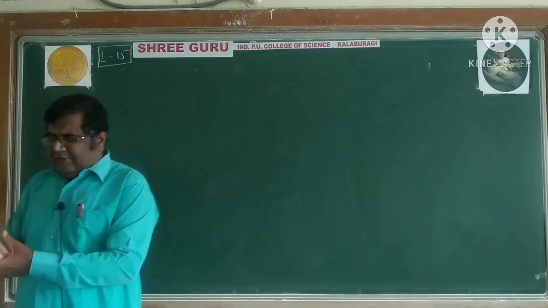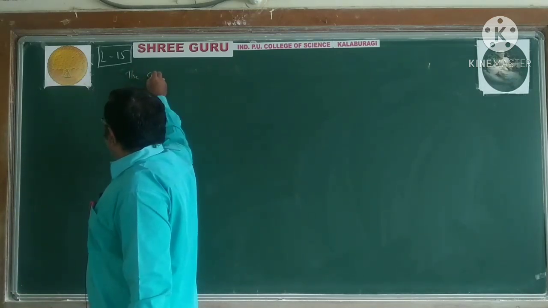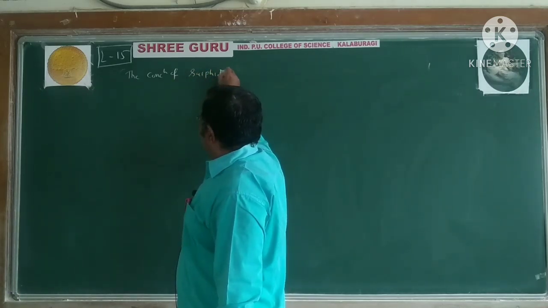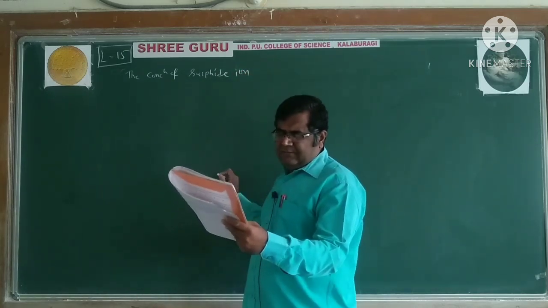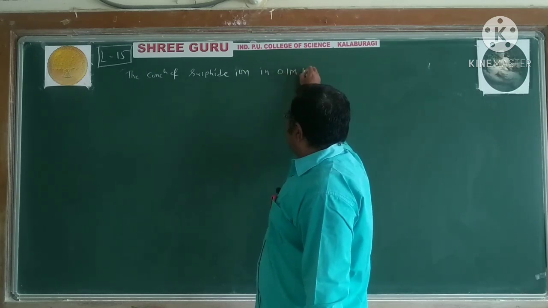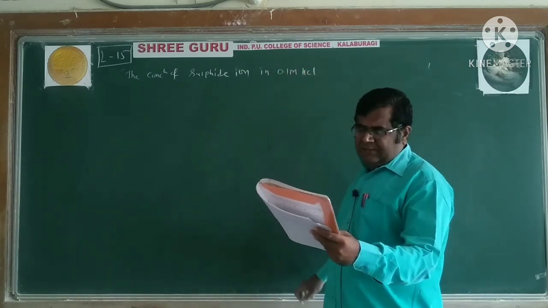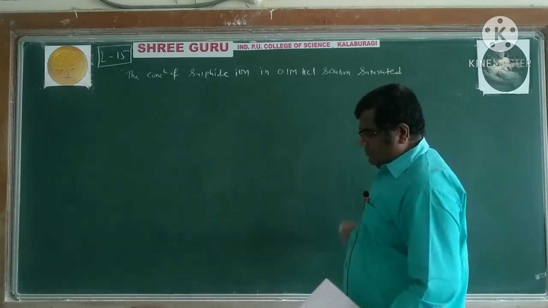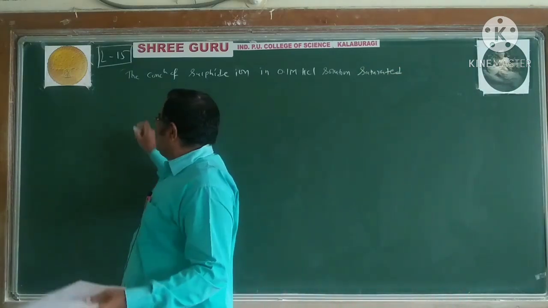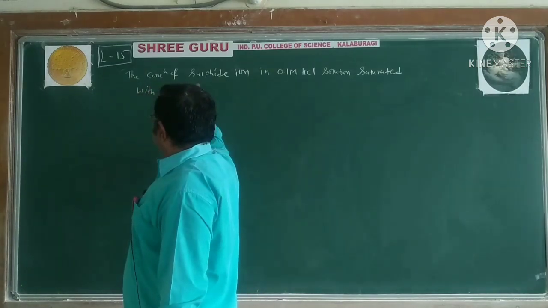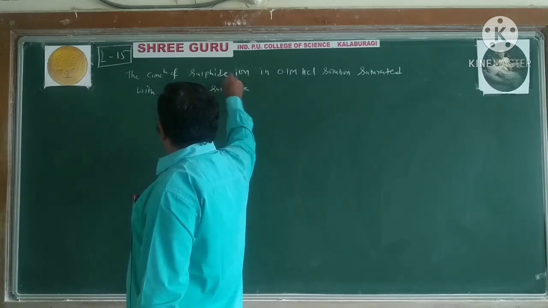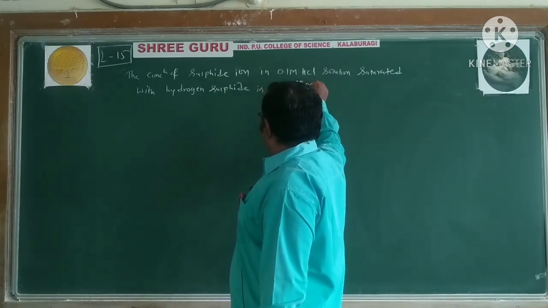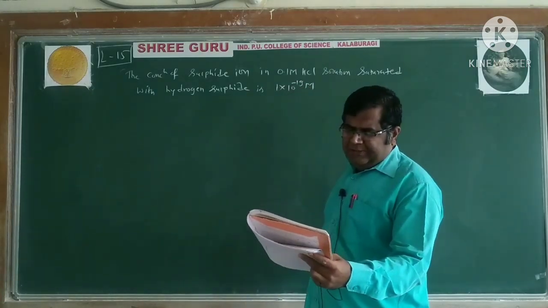The concentration of sulfide ion in 0.1 molar HCl solution saturated with hydrogen sulfide is 1 into 10 raised to minus 19 mole per liter.